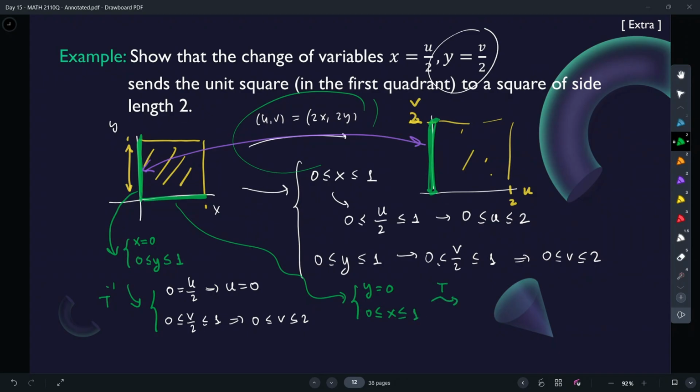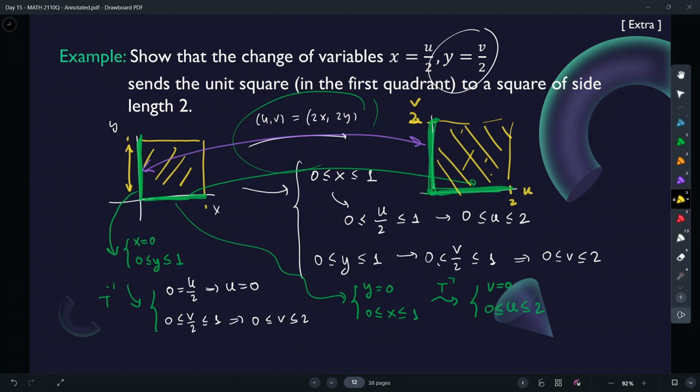And then through T inverse, which is 2x, 2y, that is being mapped to v is 0 and u between 0 and 2. So this side here will go to all the points that are here, and so on. So we actually are going to get every point in the square of side length 2.